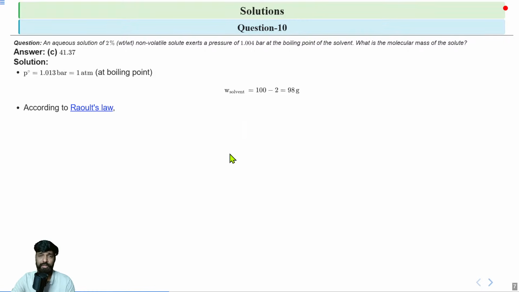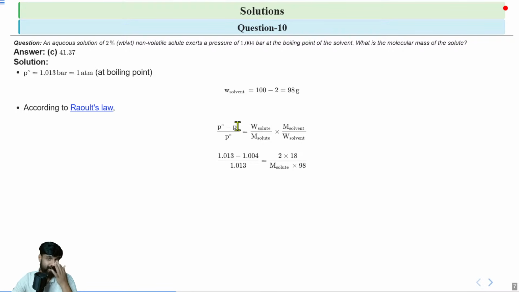Then according to Raoult's law, we know that (P naught minus P1) by P naught is equal to W solute by M solute into M solvent by W solvent. So it is coming straight from the relative lowering of vapor pressure. If you put all the values here, at the boiling point of the solvent, the pressure of the solution is 1.004 and the pressure of the pure solvent will be 1 atm or 1.013 bar.